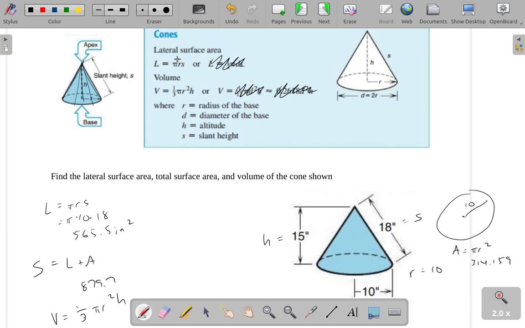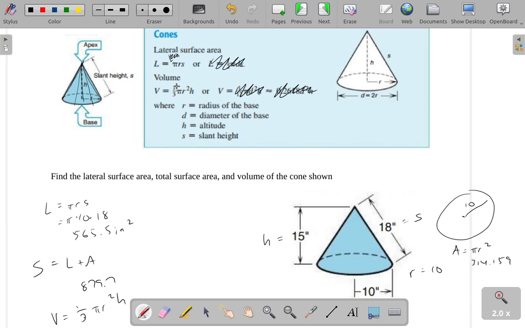The lateral surface area, if you include a factor of 2 and 1/2, 2 pi r is the circumference, and 1/2 perimeter times the slant height was the lateral surface area of a pyramid. So the 1/2 times 2 cancel out. We're just left with pi r s.